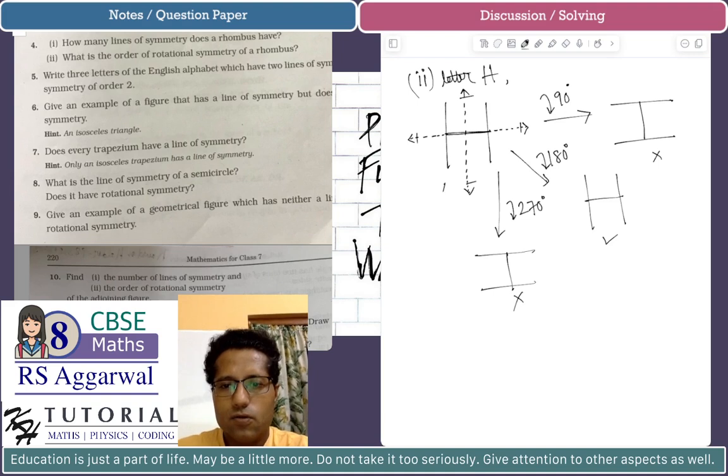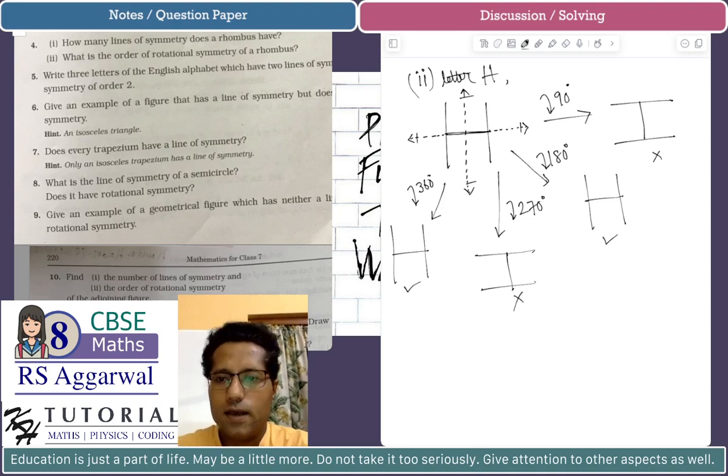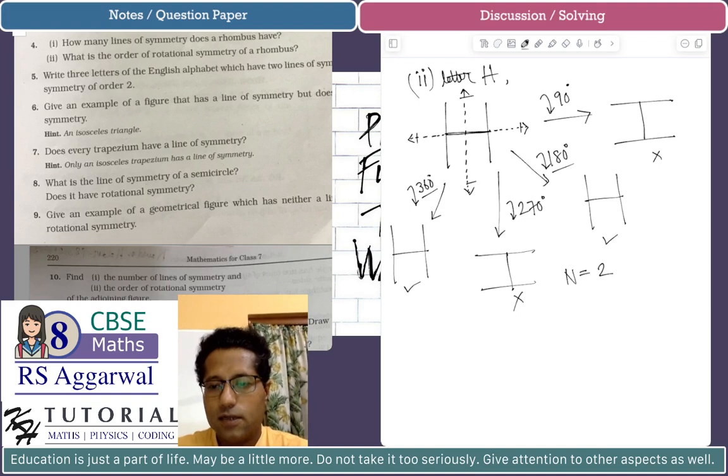And finally, if you rotate the letter H by 360 degree clockwise, you will get back the exact same letter H, which is looking identical. So 180 degree and 360 degree are the two angles of rotational symmetry. So definitely n is equal to 2, and the angles of rotational symmetry are 180 degree and 360 degree.